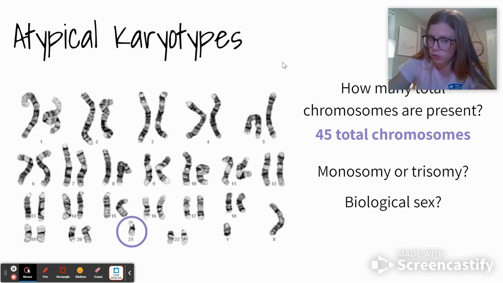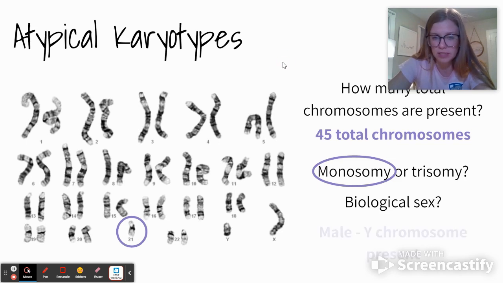Since one is missing, is this a monosomy or trisomy condition? This is monosomy, root word mono meaning one. We're missing one. There's only one chromosome at a designated location. So we call this a monosomy 21 condition.